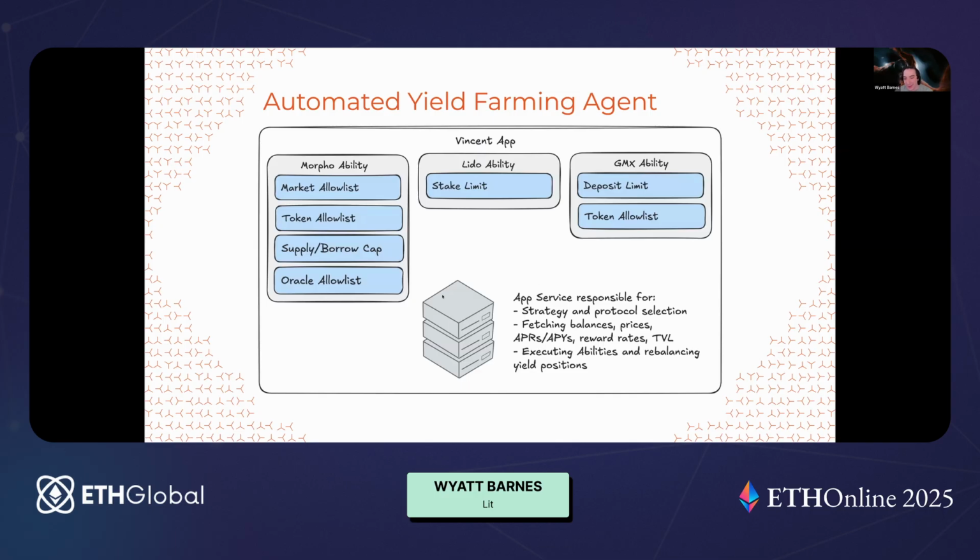This is the core of what the Vincent app is offering: a trading and strategy protocol that they're using to determine which of these is going to give you the highest yield. They're fetching the balances, figuring out the reward rates, looking at TVL, and then ultimately executing which of these abilities to move your funds around to maximize that yield farming.